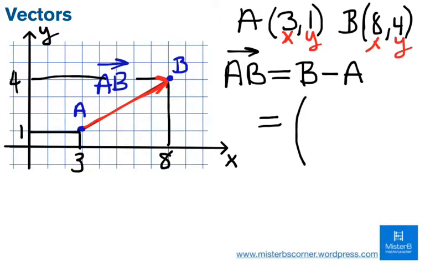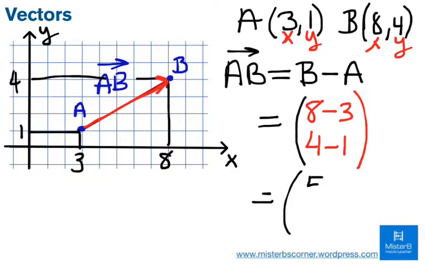So I go 8 minus 3 for the x value difference, and 4 minus 1 for the y value difference. That's going to be my column vector. So I'm going to end up saying that this is nothing but (5, 3). So that's how I can find column vectors if the vector is shown in a coordinate plane.